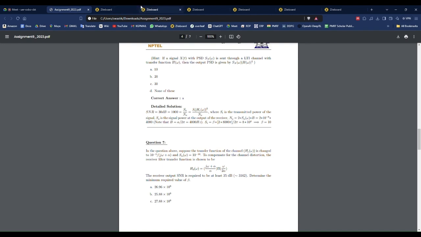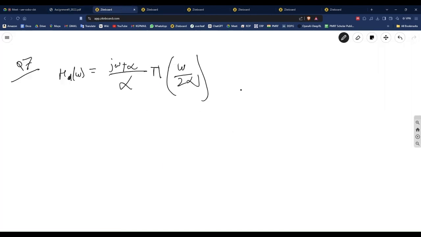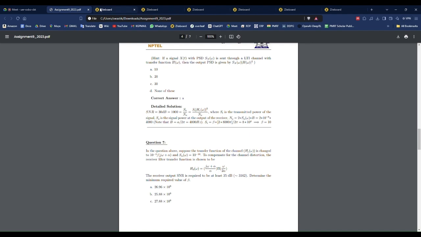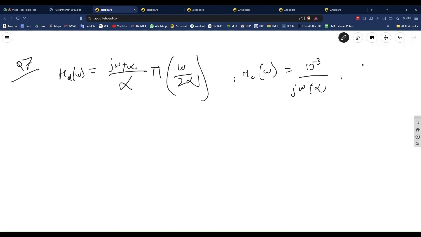This is the receive filter, and the channel is 10 to the minus 3 by j omega plus alpha. So both of them will act on the signal. And Sn omega is 10 to the minus 10.